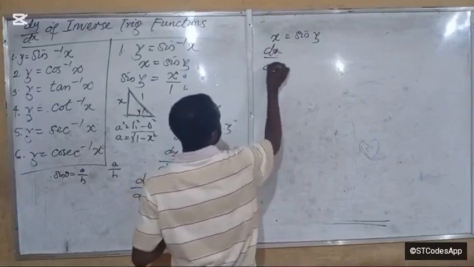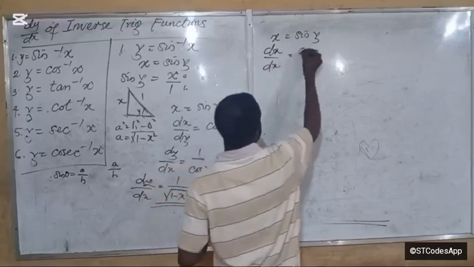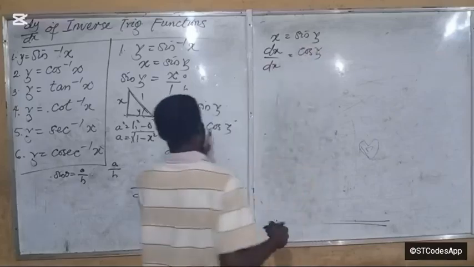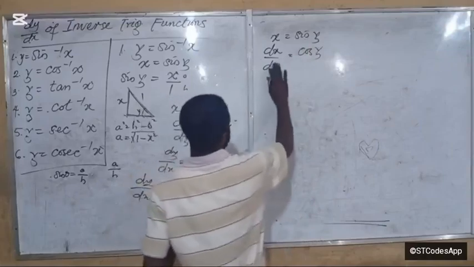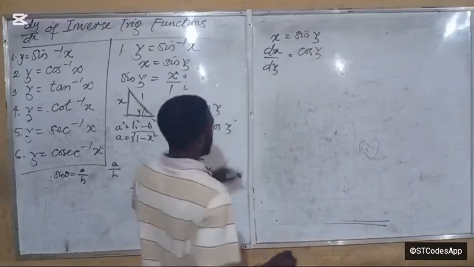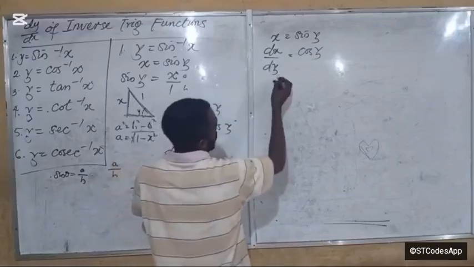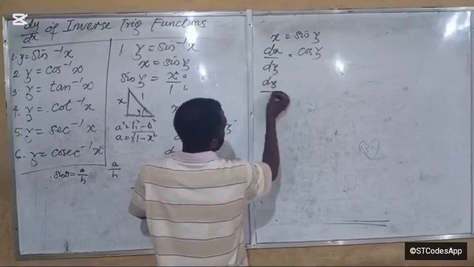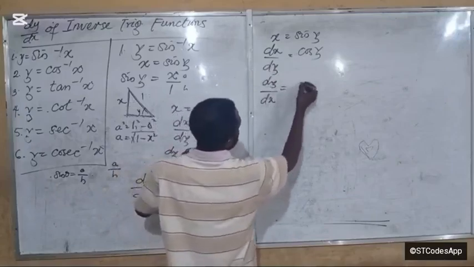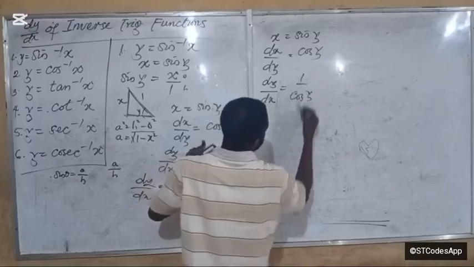So we have dx/dy will be equal to cos y again, right? Cos y as we had here, okay? dx/dy, okay? So by the time we invert it, just like we invert this too, we'll have dy/dx is equal to 1 over cos y, okay?